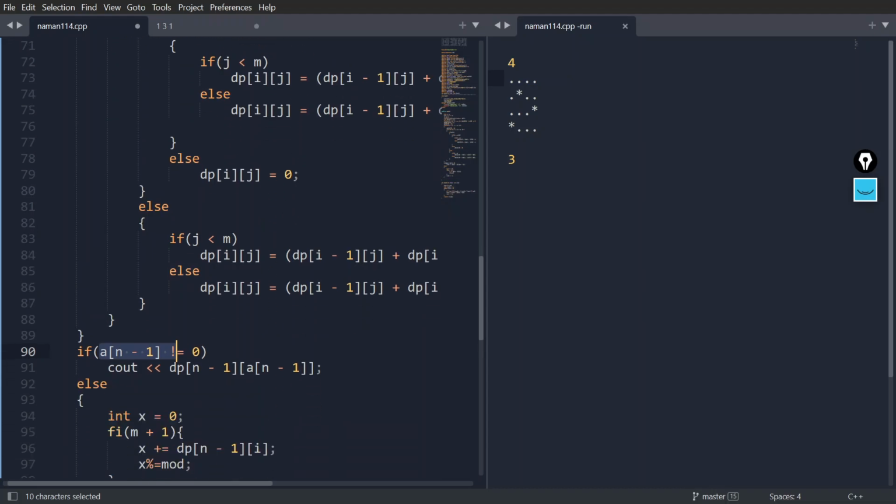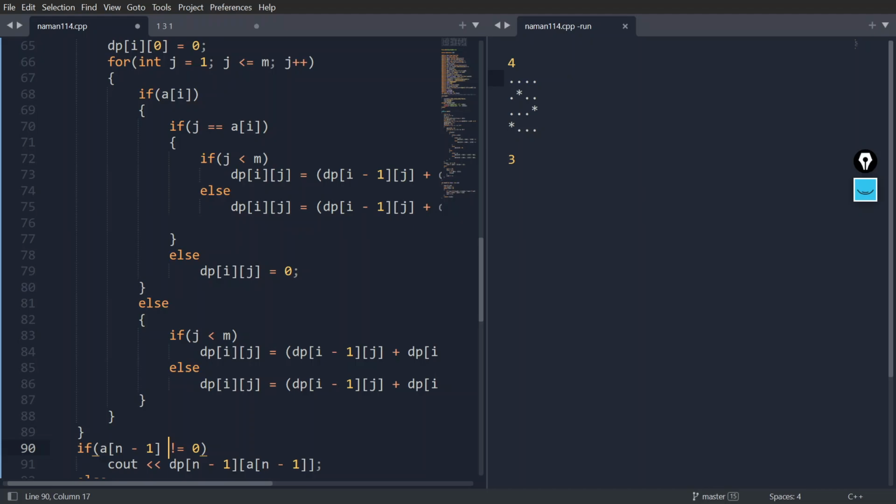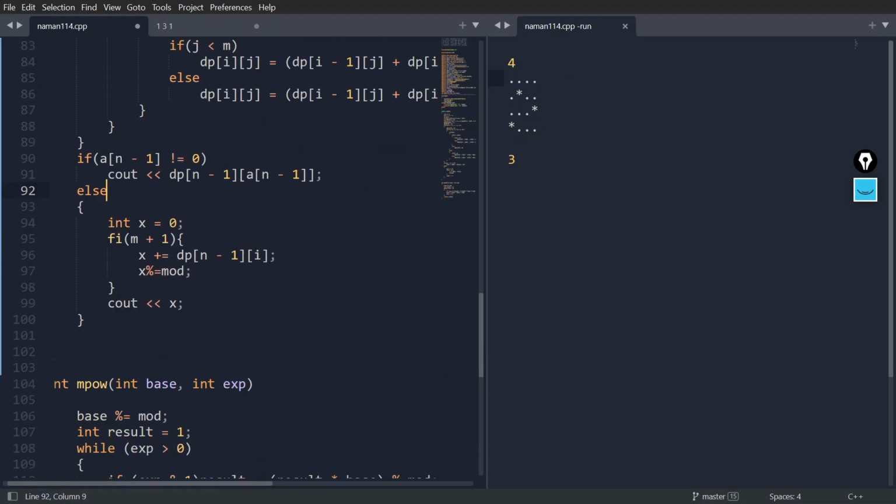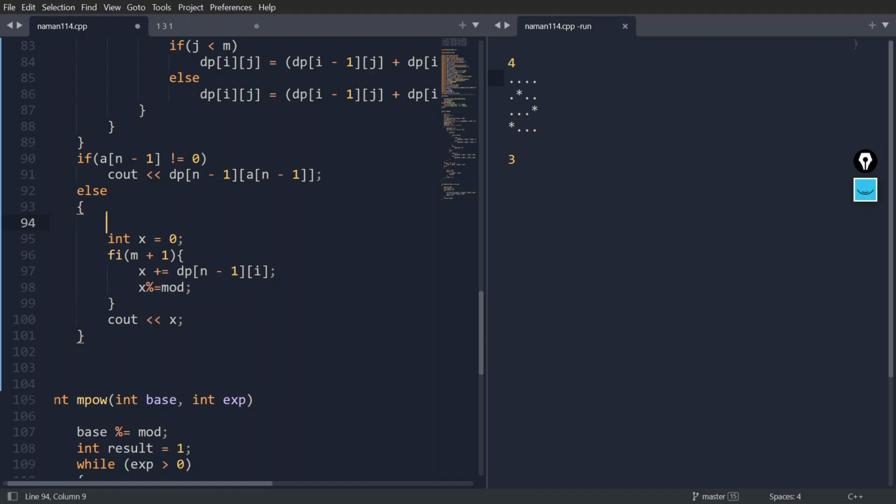If any element is present in our array, we just mark all other cells as zero except for the element itself. So we would just output this only, and if it is equal to zero, then I would just sum up all the possibilities, all the number of arrays we can generate.